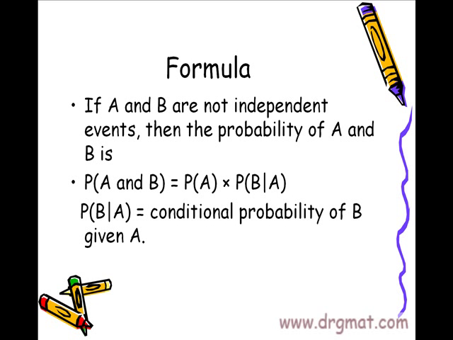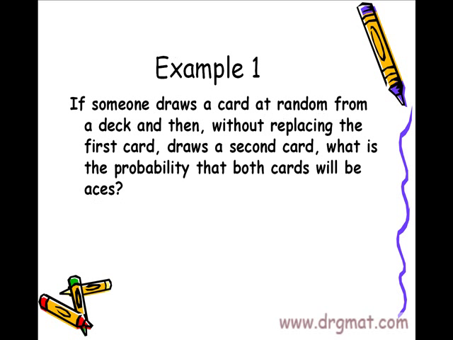The formula that we use in solving dependent probability questions is probability of A multiplied by probability of B given A. Let's look at an example and it will become clear to you.